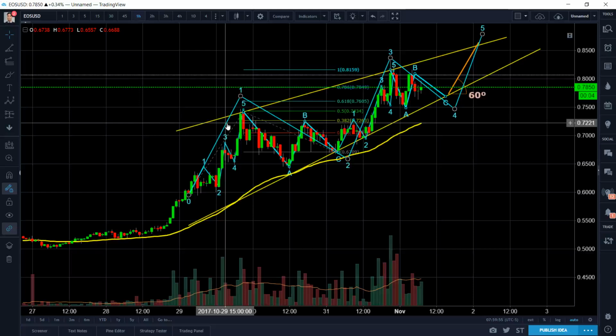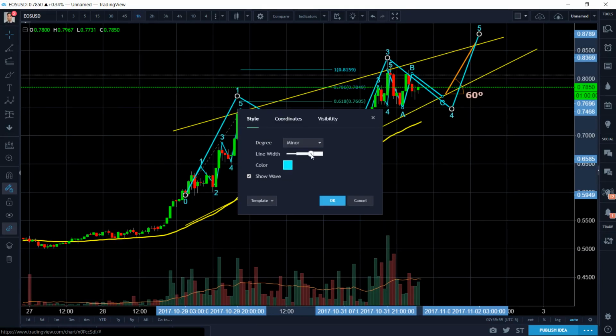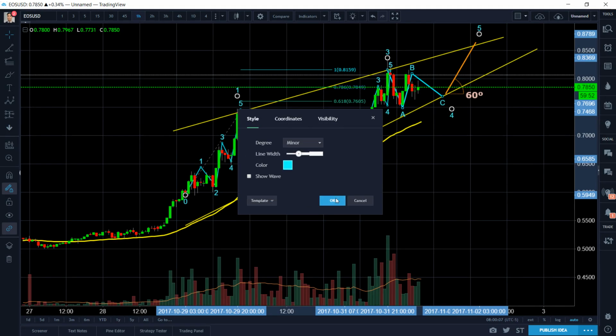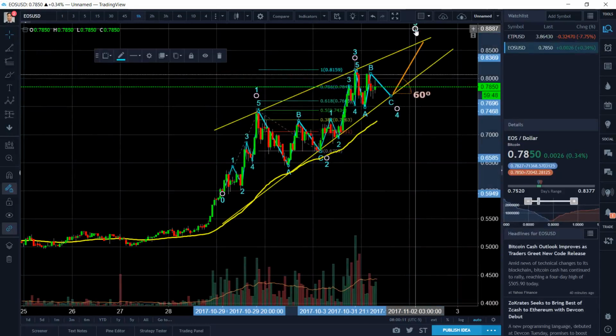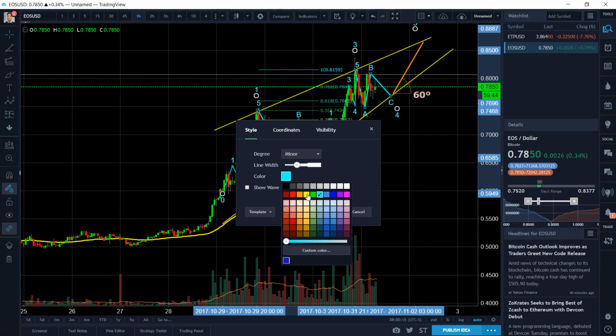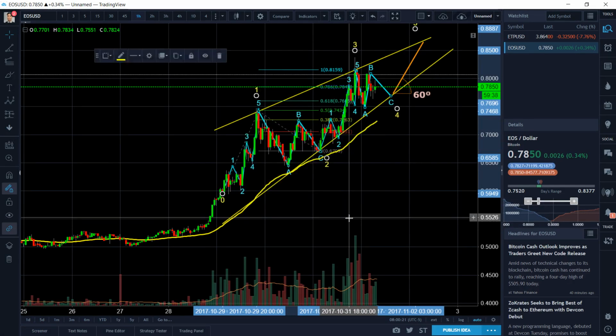There we go. Let's not show the wave, okay? And visibility, how do we change the template here? I don't understand. Whatever, it's good enough. Let's just change the color so you guys get an idea though, okay? Let's make that yellow. That's easy to see, right guys? Really easy to see? Okay, great.